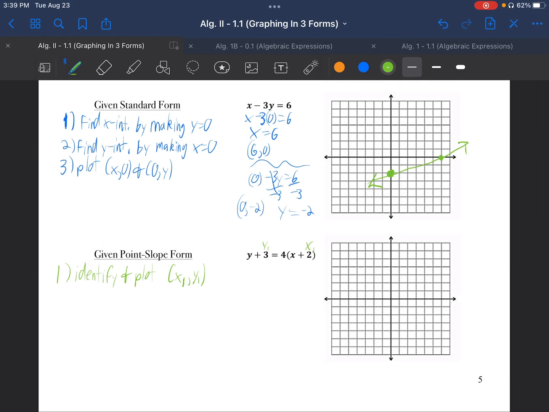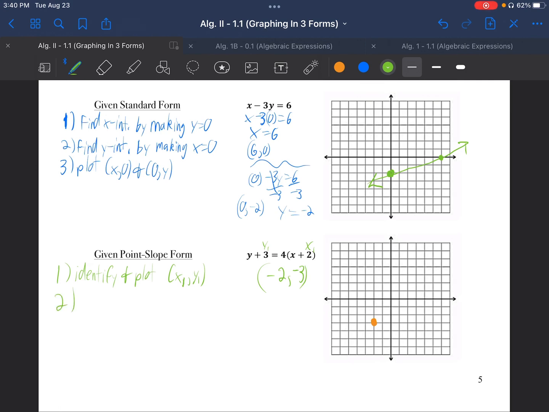So in order to get plus 3 in the equation, y plus 3 equals 4(x plus 2), that originally had to be a minus there because you subtracted a negative to get that. And same thing with this, it's the opposite sign. So the point is really (-2, -3). And so we identified it, and now we will plot it. So 2 to the right, and 3 down.